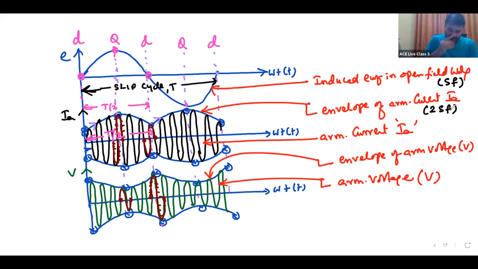And armature current will be at supply frequency, equal to F is equal to 50 Hz. The time period is very small, so within half a cycle there are many cycles. Why?